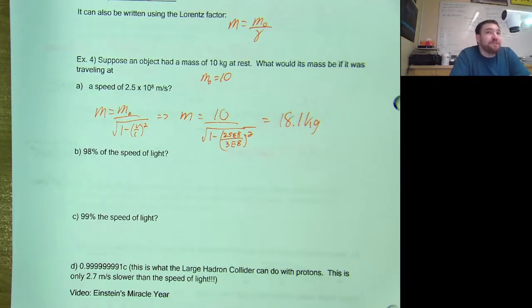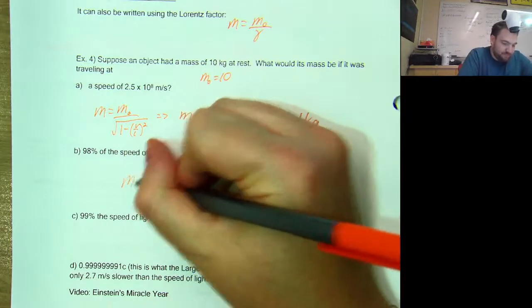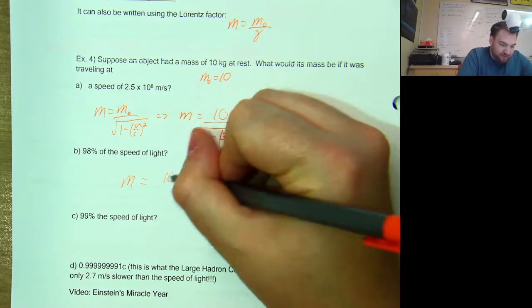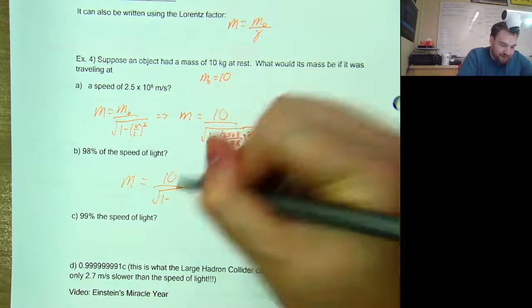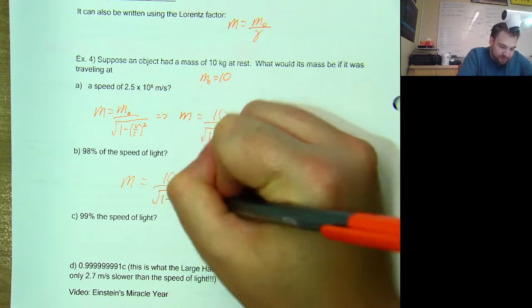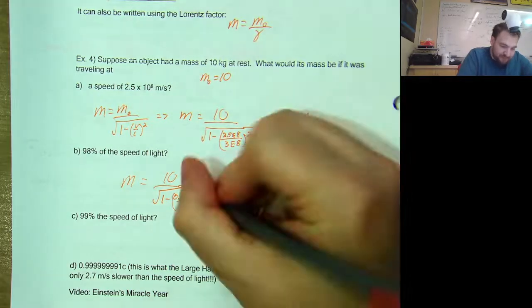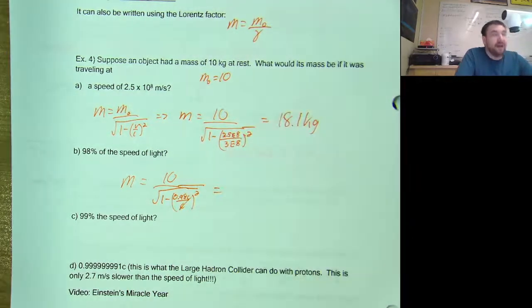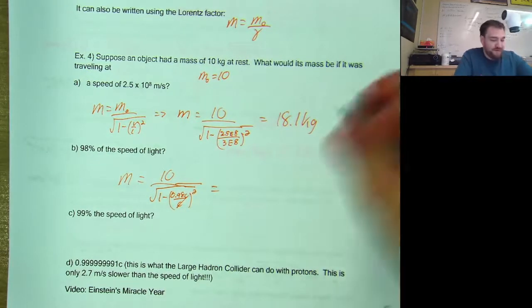At 98% the speed of light, what is the mass of that object? M equals 10 over the square root of 1 minus 0.98c over c, all squared. The c's are going to cancel. We're going to get a mass of 50.3 kilos.